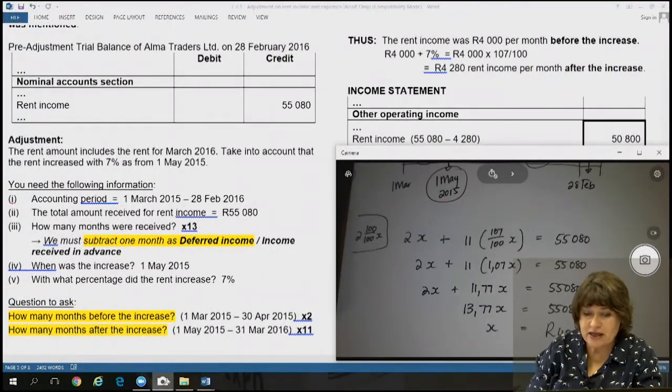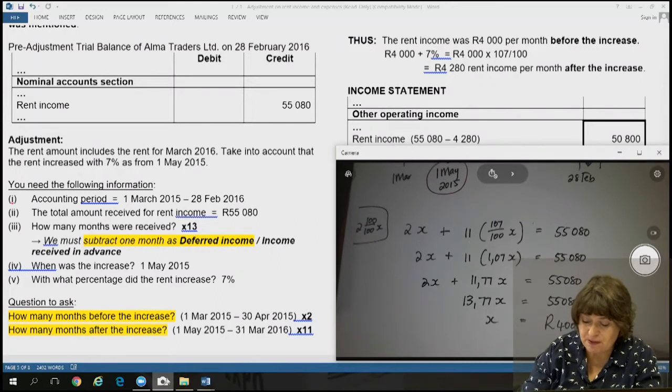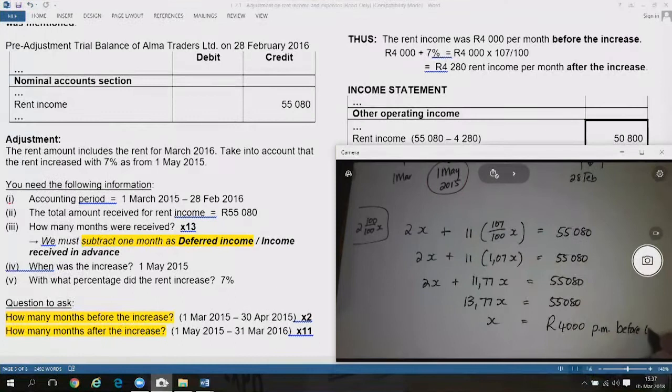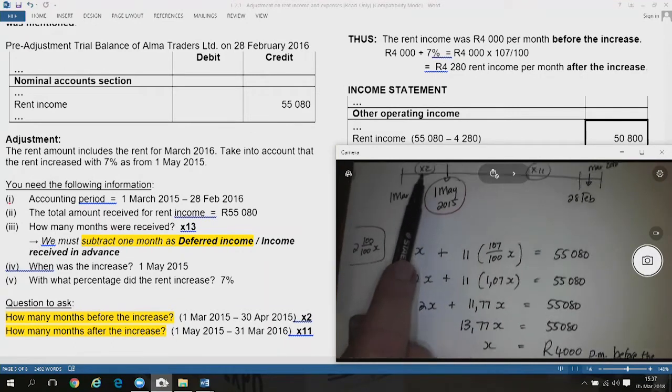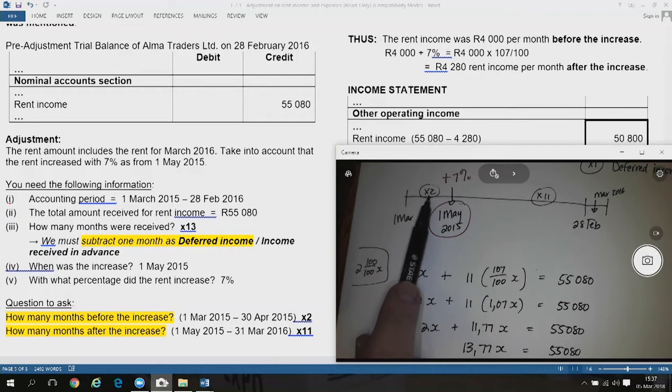Okay, this 4,000 Rand was per month before the 7% increase. How can I say that? Because I showed 2x. 2 months was before the increase. So that is 2x.